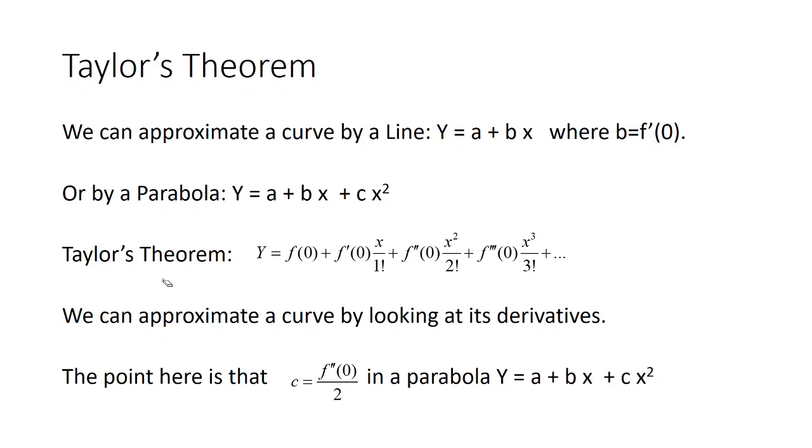So we can approximate a curve and assign a polynomial to that curve if we can just evaluate at different points. Anyway, the point here is that c is the second derivative evaluated at 0 divided by 2. That's just going to come into play a little bit for completeness' sake. We're not going to really worry that much about the 2 here in this case. We're only really worried about parallelism, but just so you know.